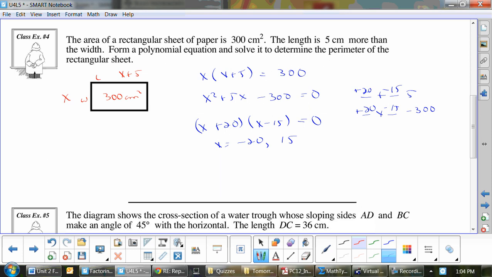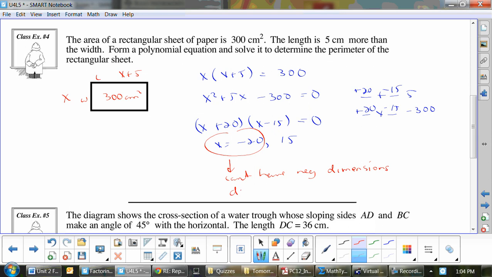Guys, if I put negative 20 in, what would be my dimensions? Can you put negative 20 in? No. You can't have negative dimensions, right? Okay, now, therefore, what are my dimensions then?